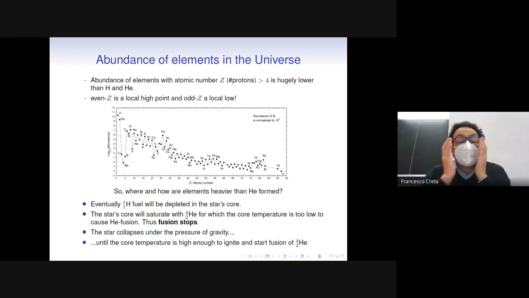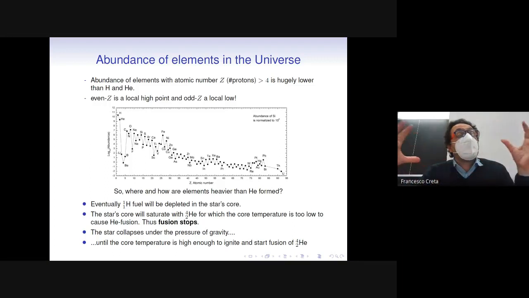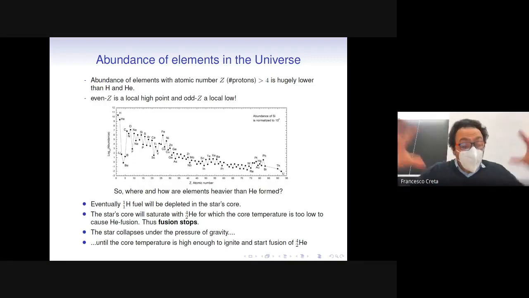So what happens is that the star is not able to fuse anymore. So the balance between the fusion processes and the gravitational attraction will be disrupted so that the gravity now takes over and the star will essentially collapse under the pressure of gravity.